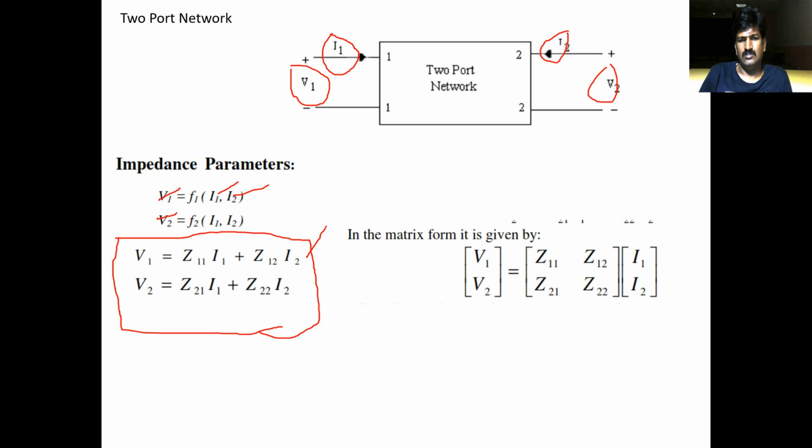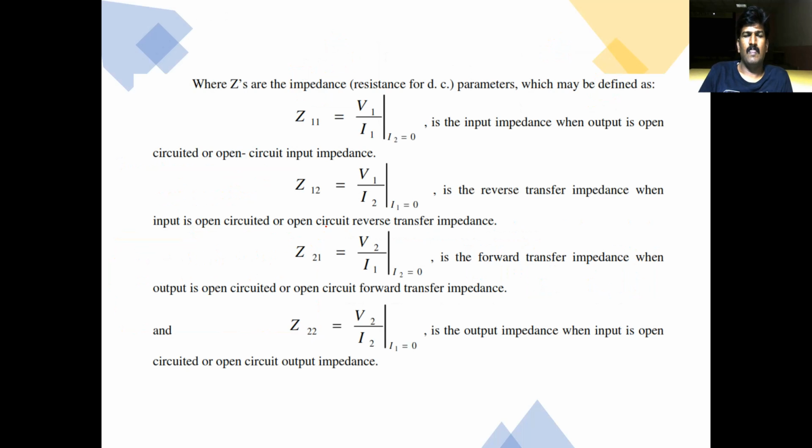Mathematically, you can write in matrix form: V1, V2 is equal to the matrix Z11, Z12, Z21, Z22 times I1, I2, where Z are the impedances for the AC, or you can consider Z as the resistance for the DC, which can be determined by using the formula Z11 is equal to V1 divided by I1 when I2 is 0.